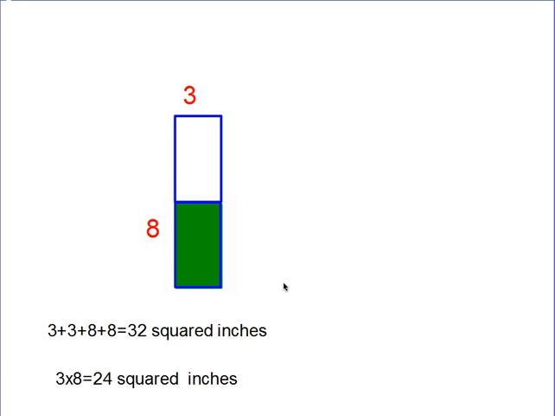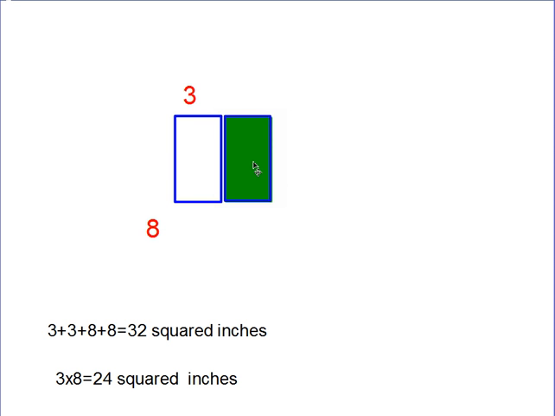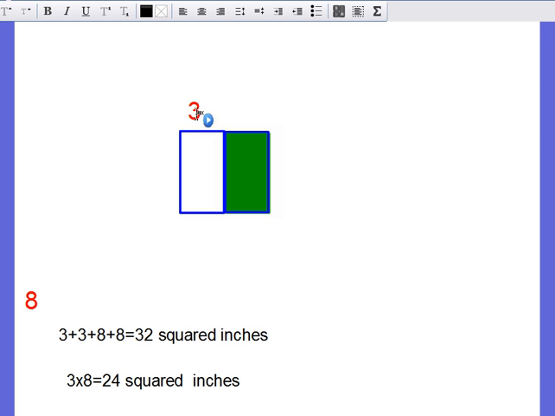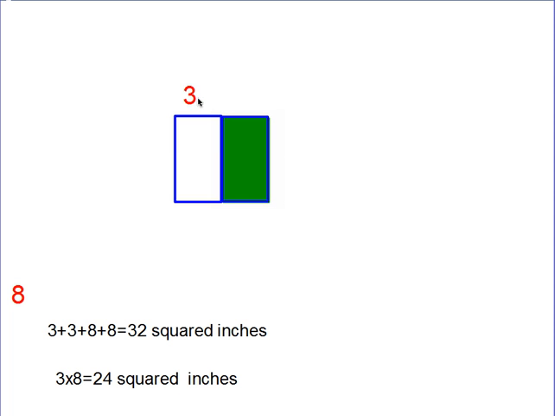So now I want to know, if I rearrange this rectangle and I take this part and I put it up here, I no longer have the 8. I no longer have the 3. Those are no longer my dimensions. My dimensions changed.